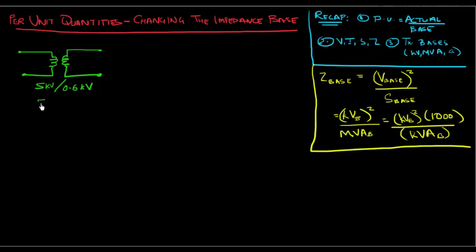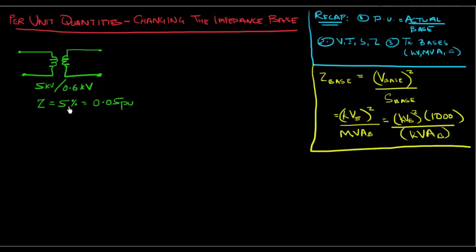Let's say you're given an impedance of 5%. The transformer manufacturer comes and says, okay, the per unit impedance is 5%. What does that mean? I've discussed this before. 5% is nothing but 0.05 per unit. Per unit is basically a percentage on a certain base.